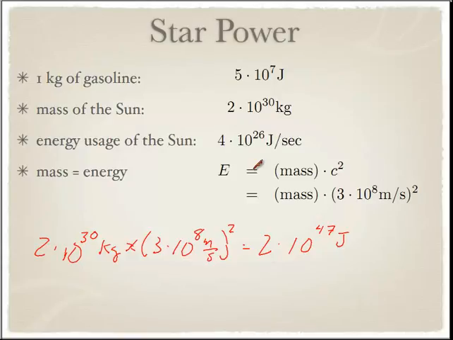Now that too is actually an overestimate for how a star works. We need to have more detail on how a star actually works, but it does say that with nuclear power, essentially by converting its mass directly into energy, the sun is able to fuel itself and still use up a lot of energy every single second and fuel itself for billions of years.